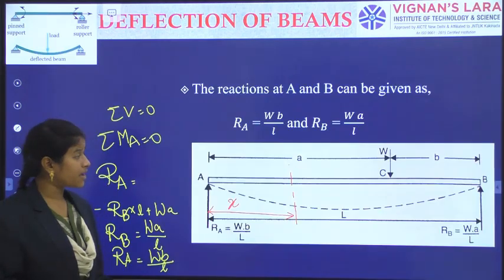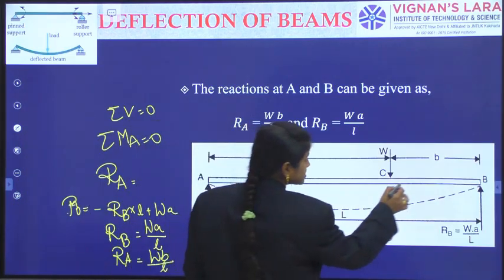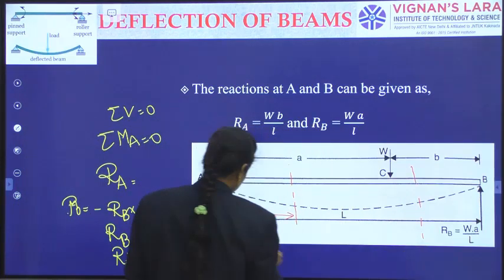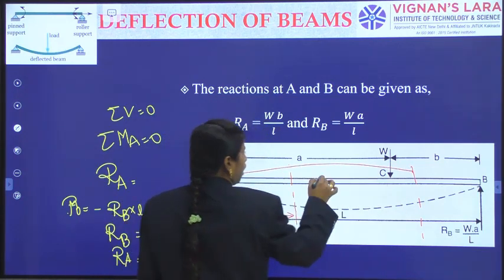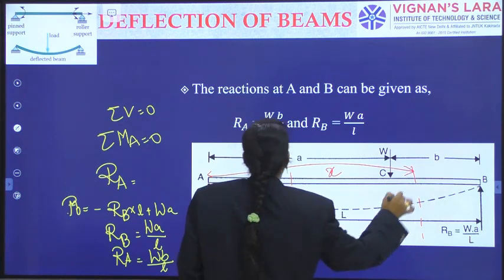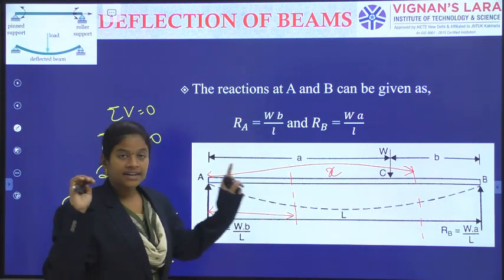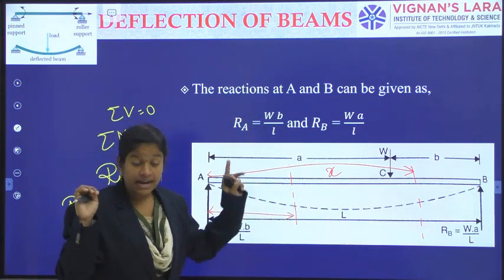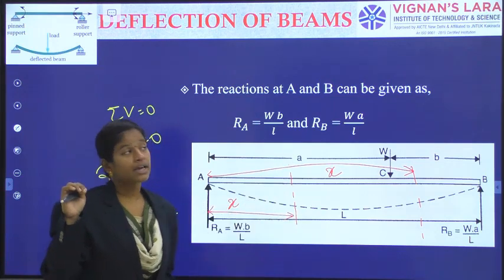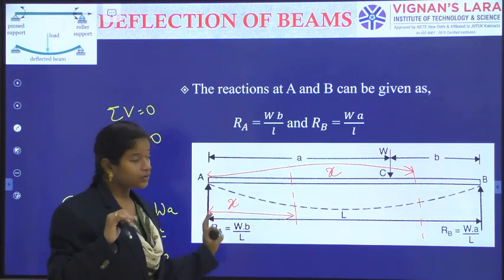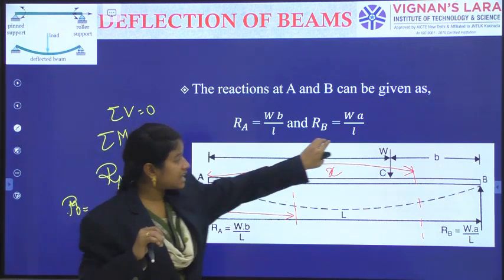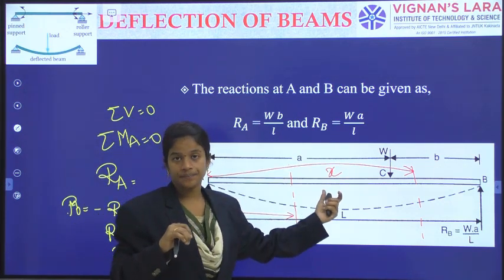And for the next span, when we consider any section again at a distance x from A, but after the point C, the corresponding Mx equation is RA into x minus W into x minus a.